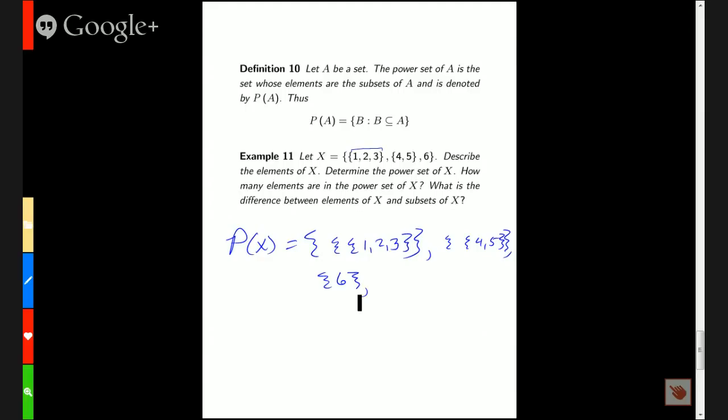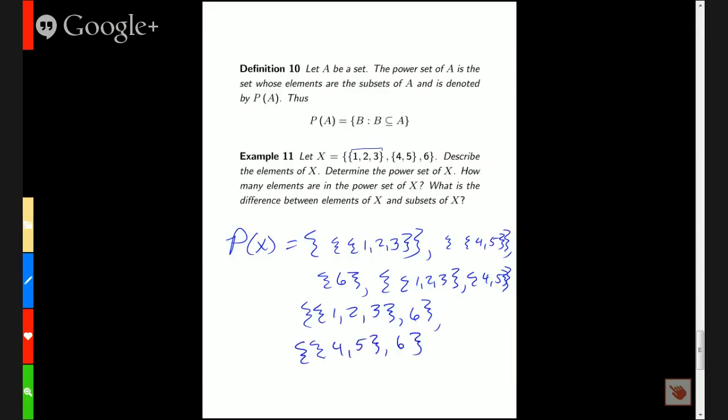And now we're going to group them together. So the first one, 1, 2, 3, 4, 5. And then the first and the third. And then the second and the third. And then all of them together.